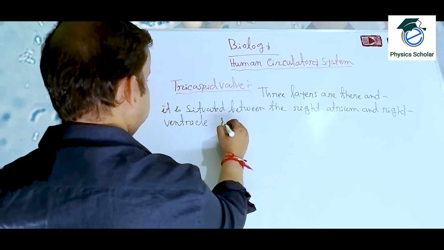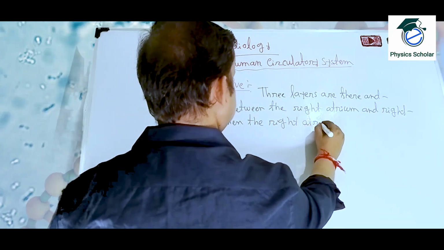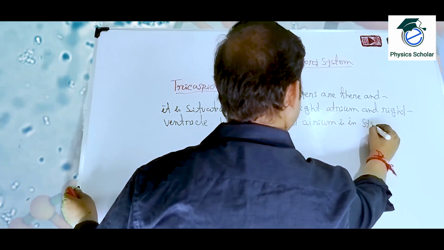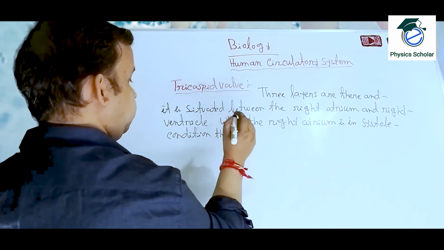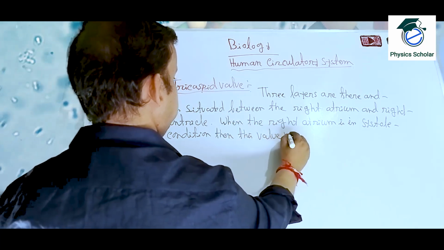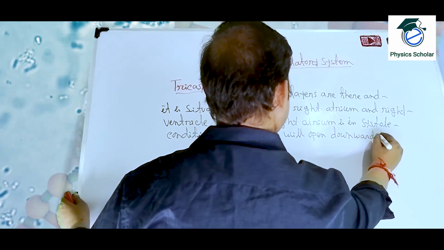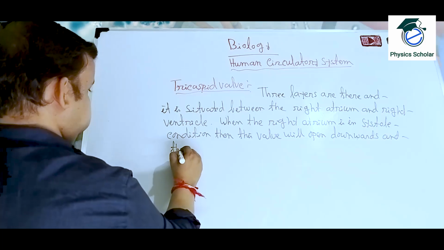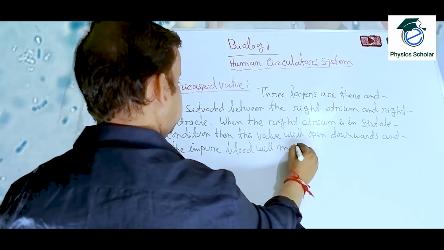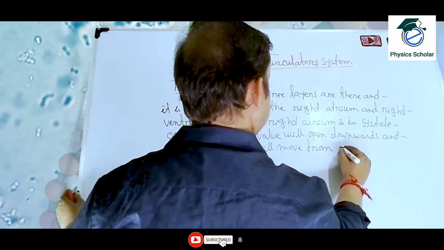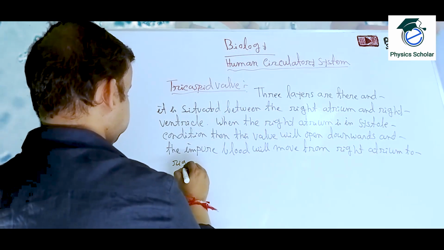Clear? When the right atrium is in systole condition, then just like the mitral valve, this valve will open downwards, and the impure blood will move from the right atrium to the right ventricle.